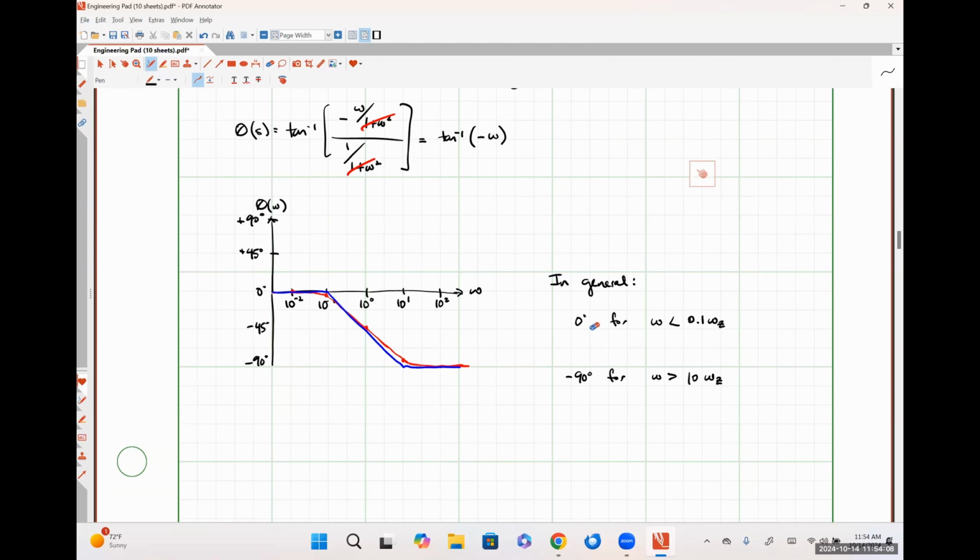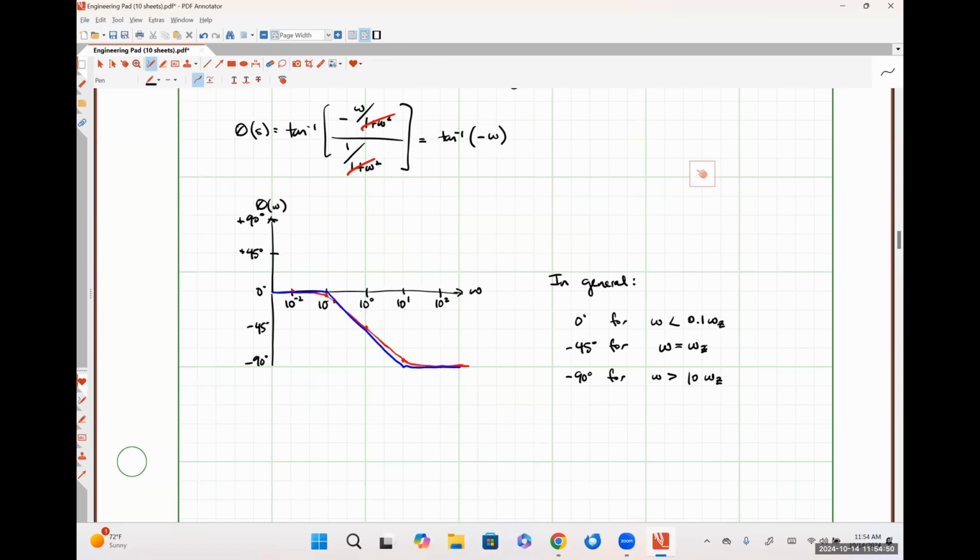And I'll put it as negative 45 degrees for omega equal to omega z. And we just smooth that out. So this is what's going to happen to our phase response for every pole that we have, right? We're going to see that it has a value of exactly negative 45 degrees at our pole frequency, and then we've got this transition period, okay? If we had multiple poles, this will just happen multiple times.